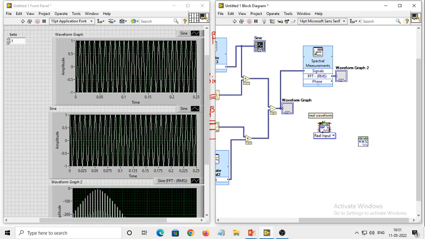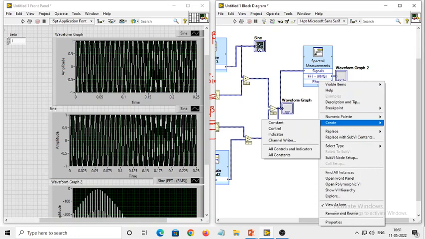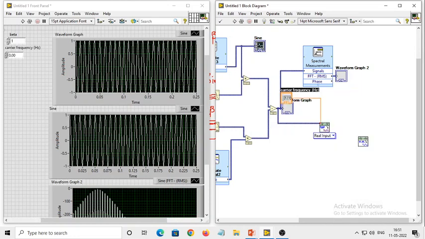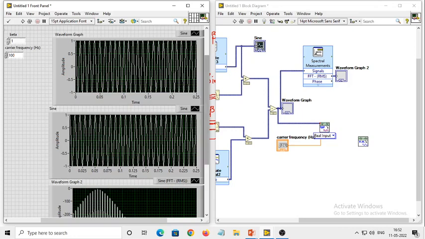So the real waveform will be coming from the output of your subtractor block, that is nothing but your FM modulated signal. Okay. For carrier frequency you can create a control. This carrier frequency should be the same as your transmitter side carrier frequency, which is nothing but 100. So you need to give that in the front panel.